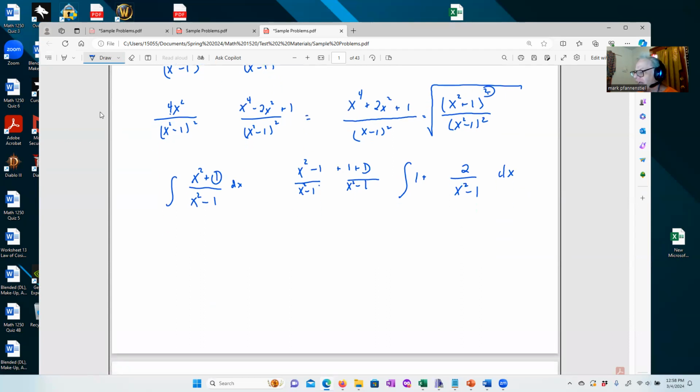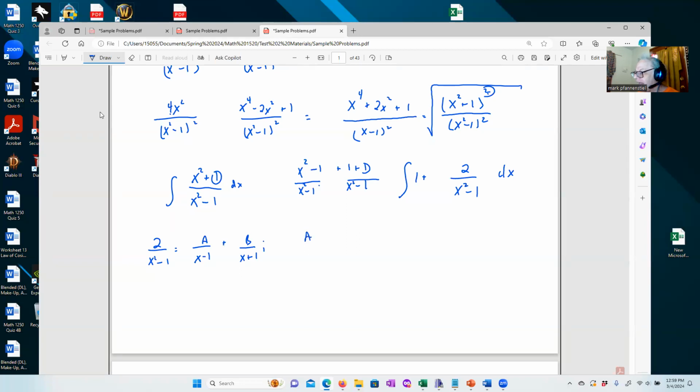Now we can do some partial fractions. So we have 2 over x squared minus 1. And again, you may do this any way that you like. If you want to deal with the cover-up method, that's fine. There's a lot of different ways to sort out the partial fractions, especially one that's this easy. I'm just going to multiply both sides by x squared minus 1.